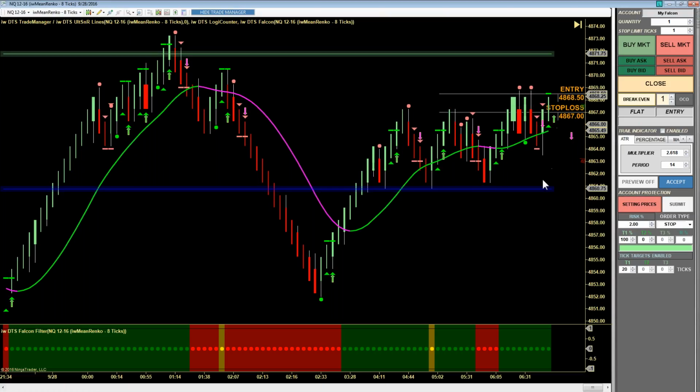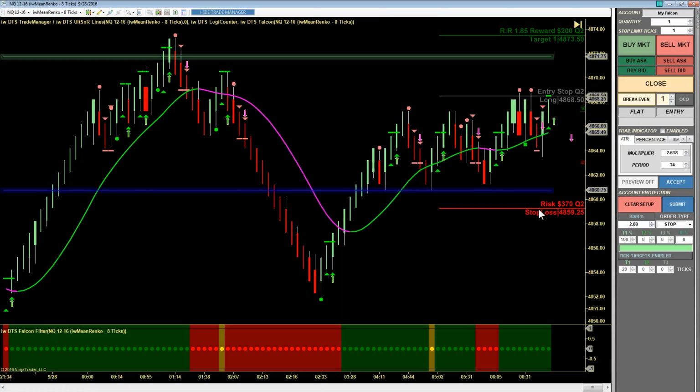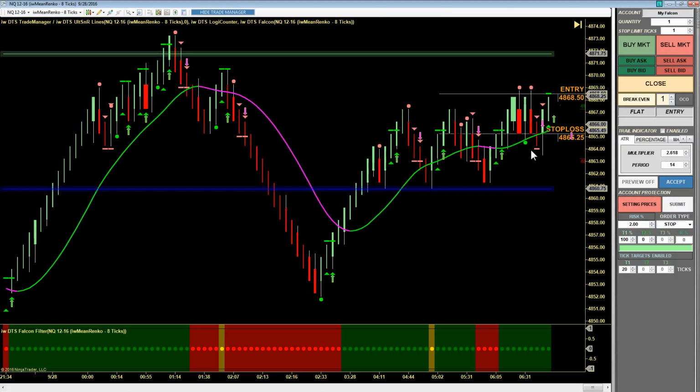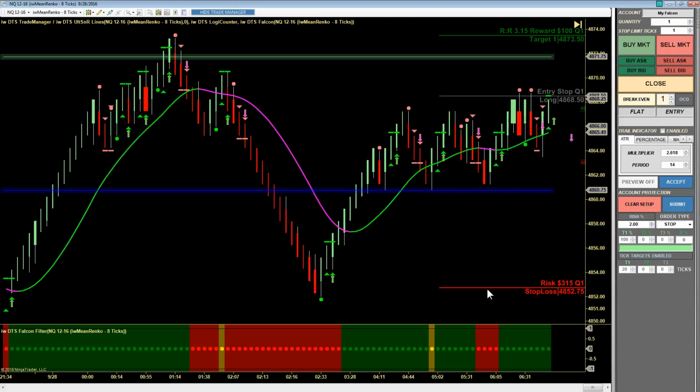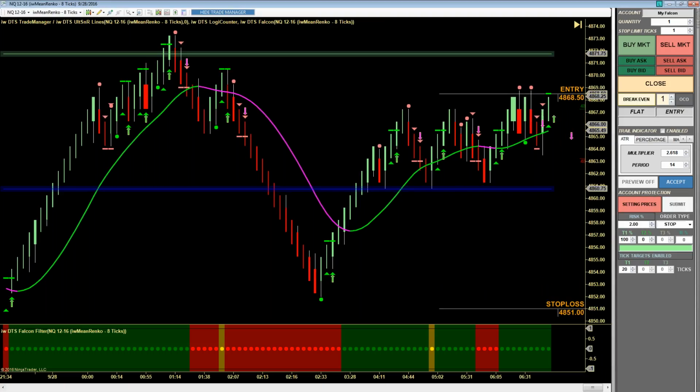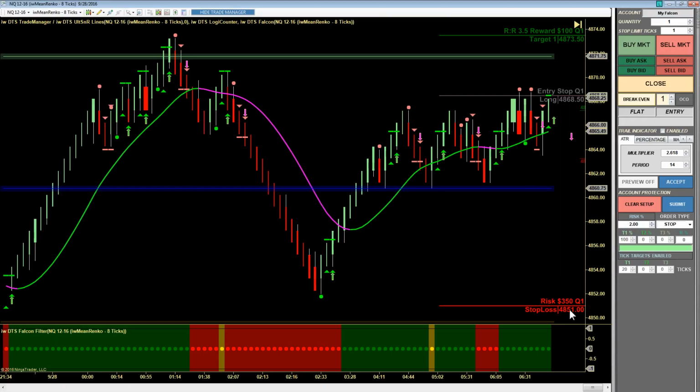If I place my stop, say, down here, it's still about $400. That's 2% of my account. If I place my stop, say, way down here, well, it looks like I can go a little deeper still to make my point. I'm still risking approximately $400. But did you notice what changed? The quantity has changed.